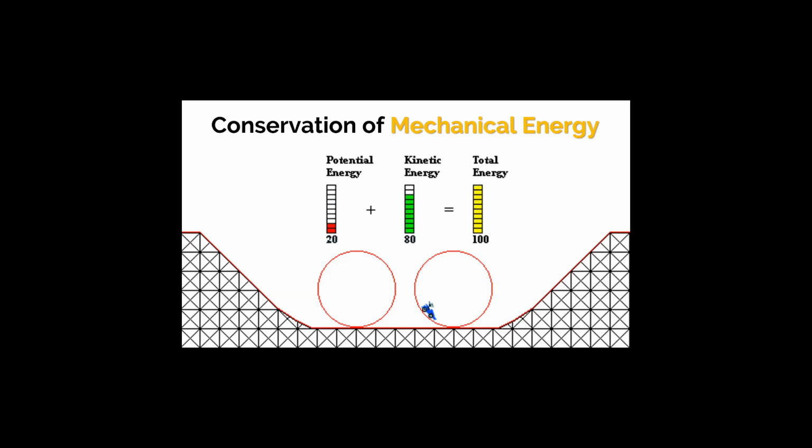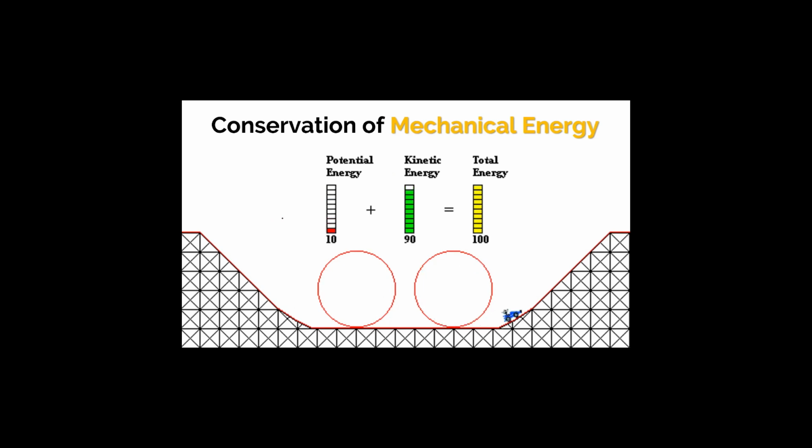So in this illustration, for example, the total energy of the object is equal to 100. If the object is fully at rest, then the potential energy will reach its maximum, which is equal to the total energy, and that is equal to 100.